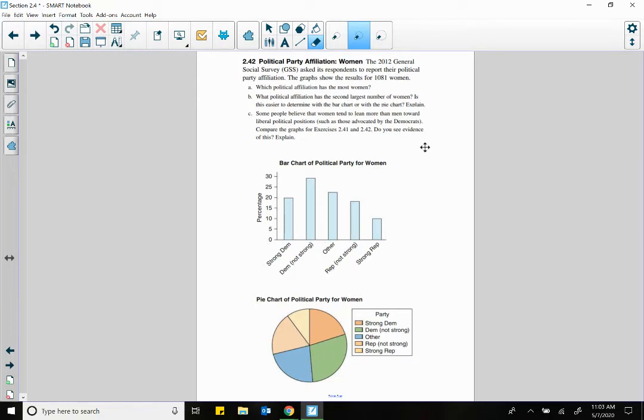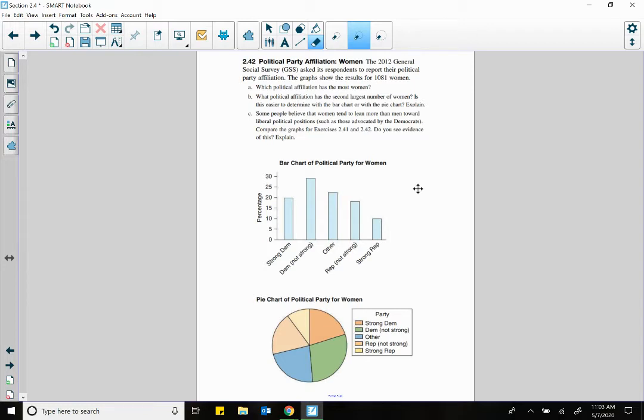So up here it says the 2012 General Social Survey asked its respondents to report their political party affiliation. Okay, the graph shows the results of 1,081 women. So you can see the colors for strong Democrats, Republicans, strong Republicans, others. So question A says, which political affiliation has the most women? So this one's about the mode.